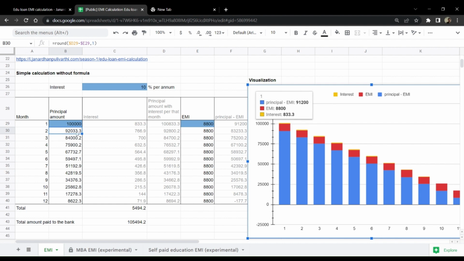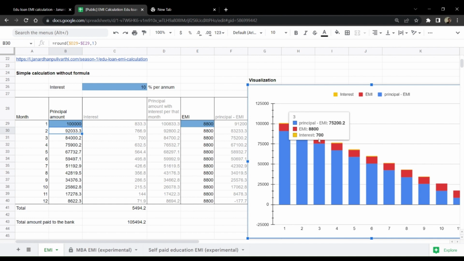And this time the total would be somewhere around 9,200 rupees, of which we again pay the red 8,800 rupees as an EMI. If you notice, there is a difference in interest because our money has decreased. The principal amount decreases each month.